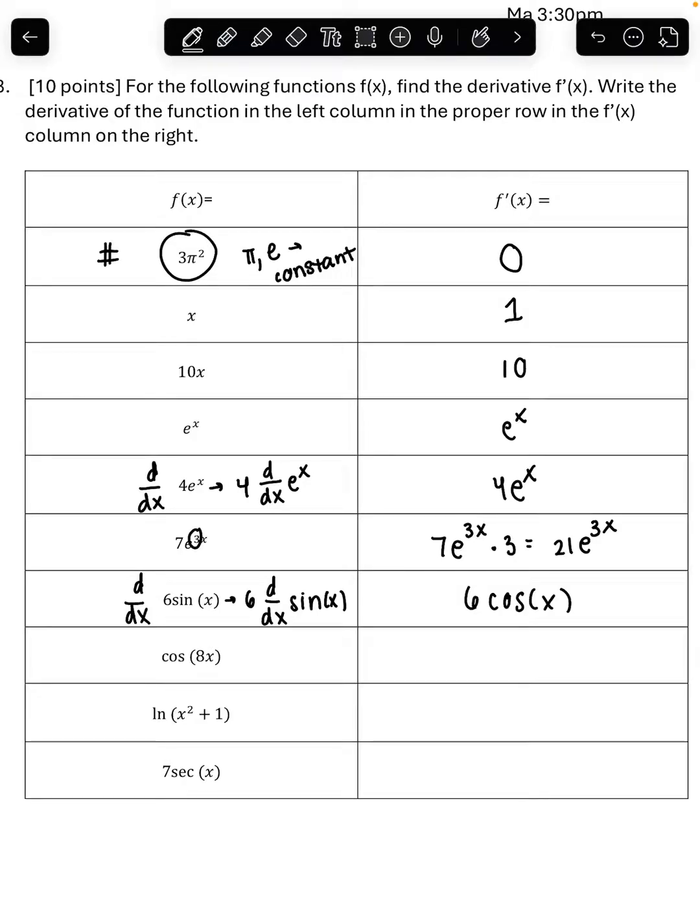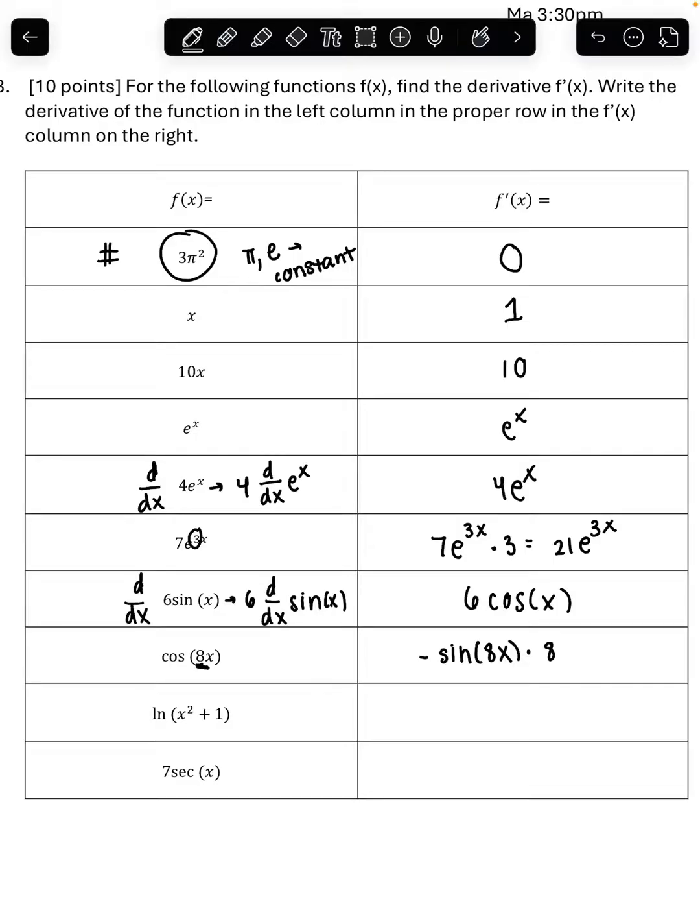It's with the cosine, so we can't pull it out in front. Instead, this is going to be a chain rule. So we do the derivative of cosine 8x, which is negative sine 8x. But because our x is multiplied by 8, we get negative 8 sine 8x.